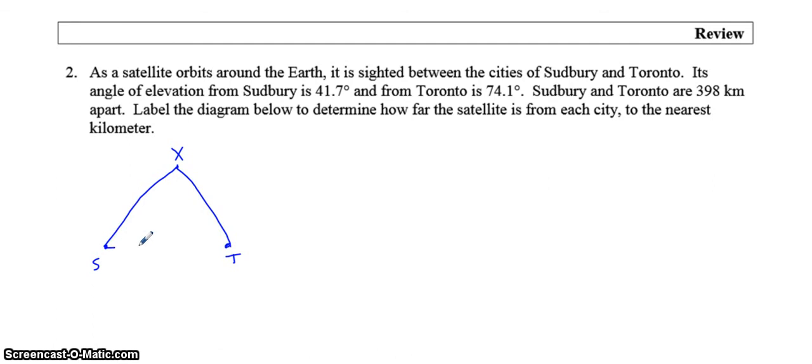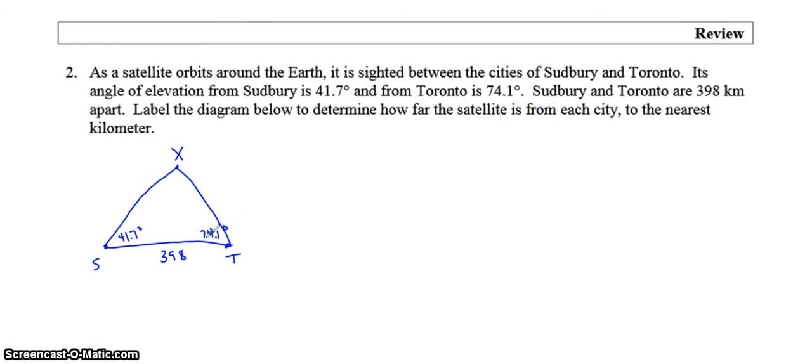It's not a beautiful triangle, but let's pretend it is. So the angle of elevation from Sudbury is 41.7 degrees, and from Toronto is 74.1 degrees. Sudbury and Toronto are 398 kilometers apart. And we're going to determine how far the satellite is from each city.